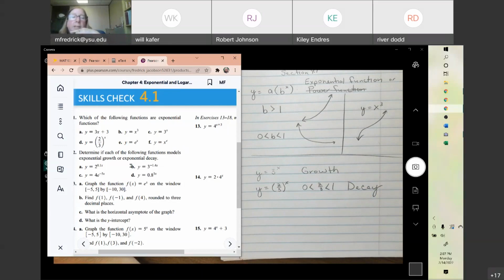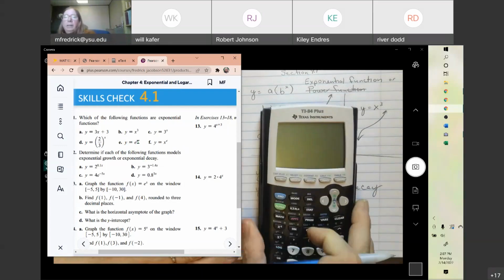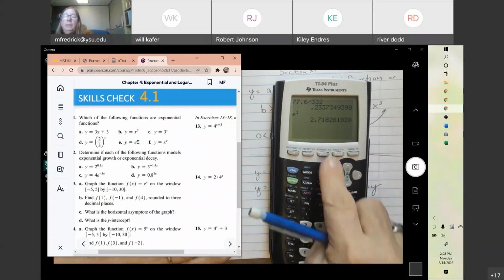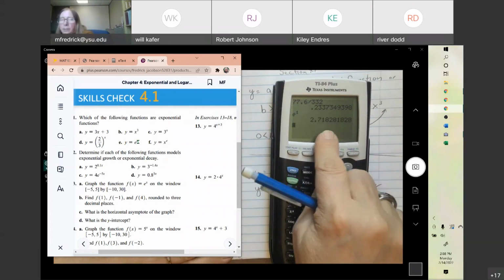E to the x. E is just a number in your calculator, and it's where your ln button is. So wherever your ln button is, you'll find e to the x. So if we brought it up and put 1 in the exponent so that it was just e, it's 2.7. It's just a number.